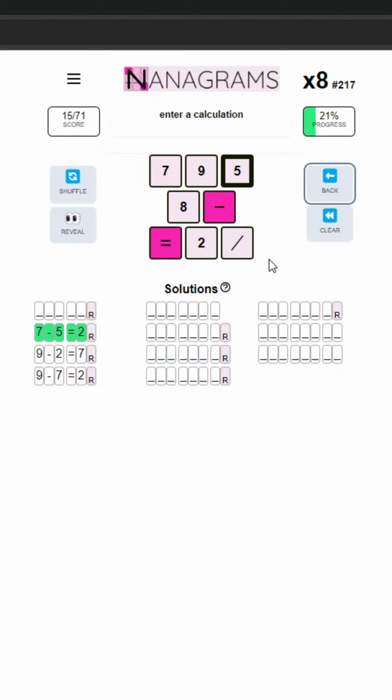I don't see any multiples of 9 on here. 72 divided by 9 is 6. No, it's 8. What if I do like 75 minus 8?